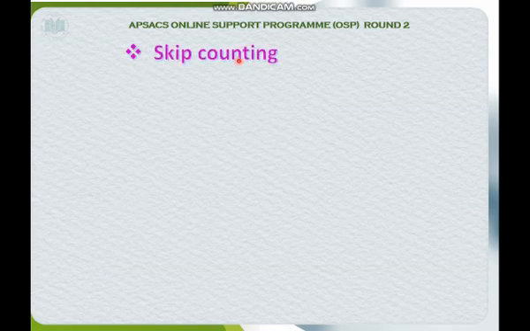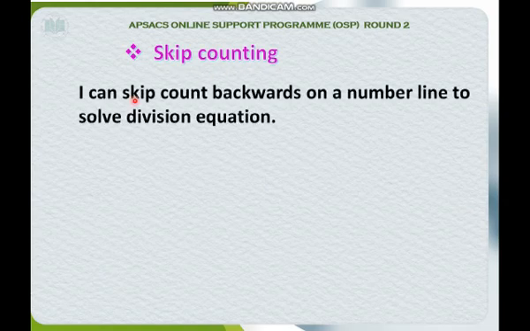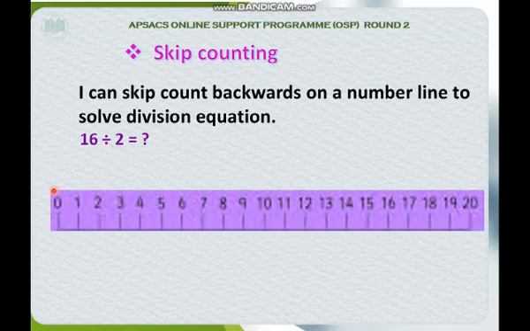There is one more method through which we can solve the division equation, that is skip counting. I can skip count backwards on a number line to solve the division equation. Now I have an equation, 16 divided by 2. Now here is a number line and we have to skip 2 and count backwards.